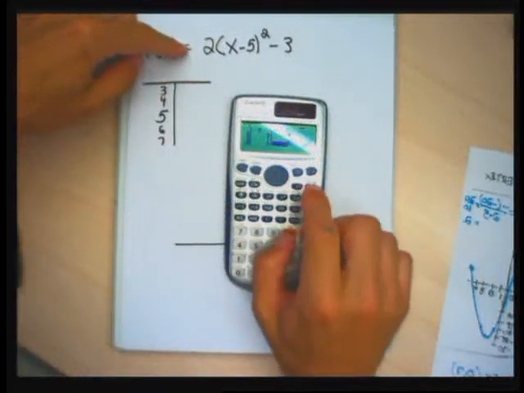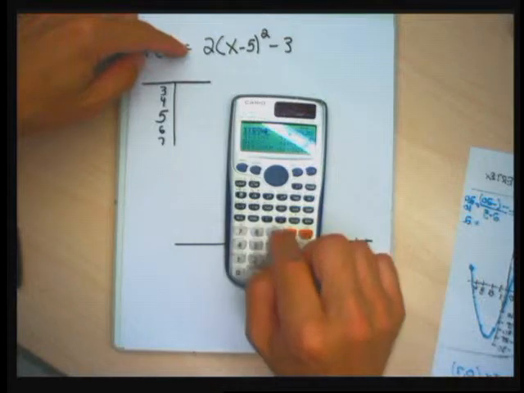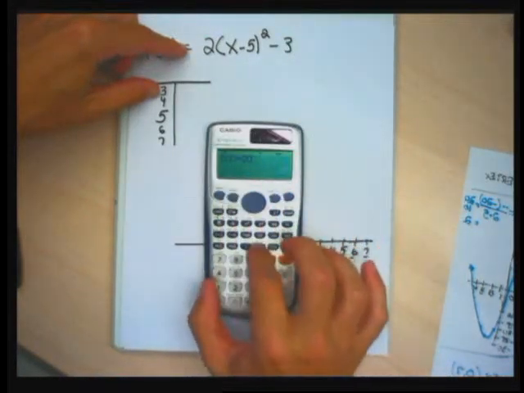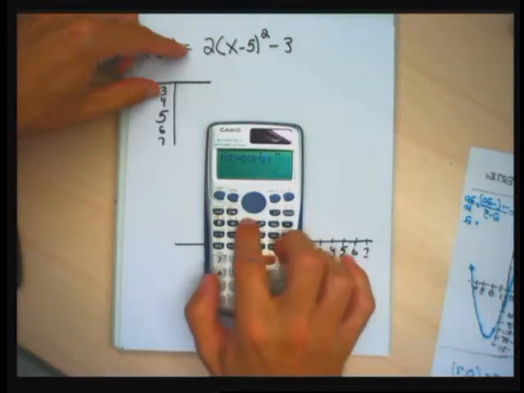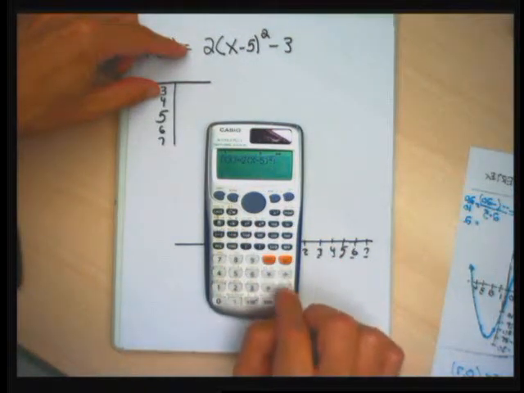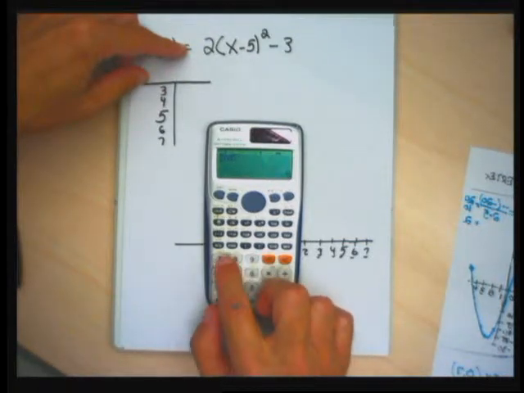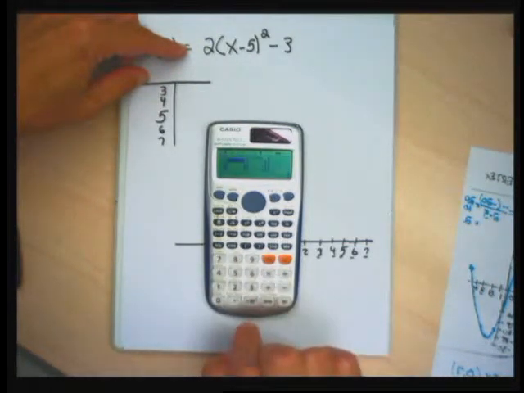Alright, so let's do this. Mode 7, 2 times parentheses alpha x minus 5 squared minus 3. Start at 3, end at 7, step 1.